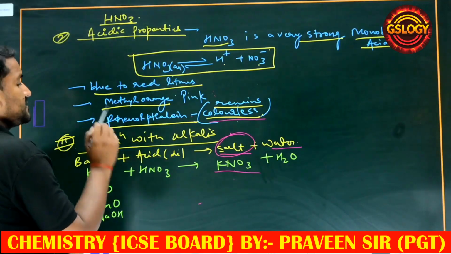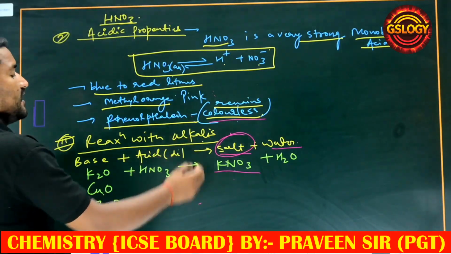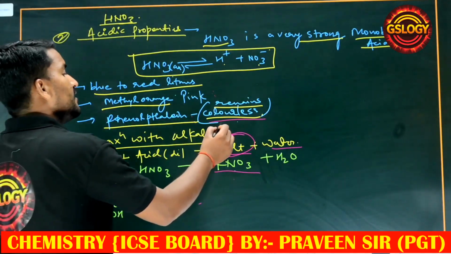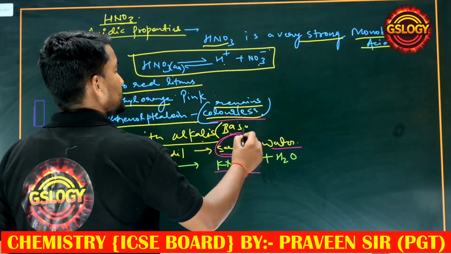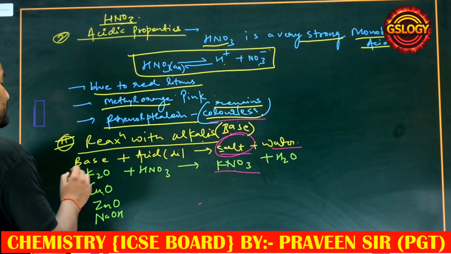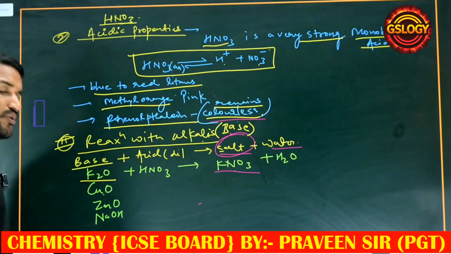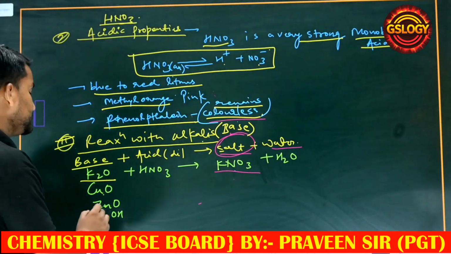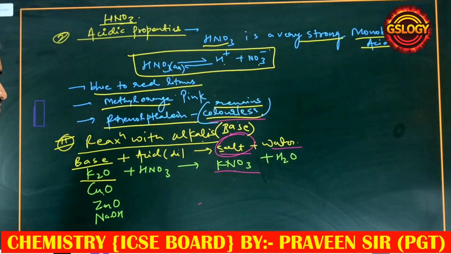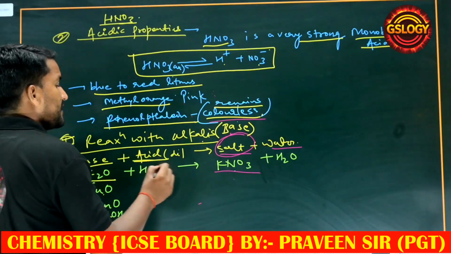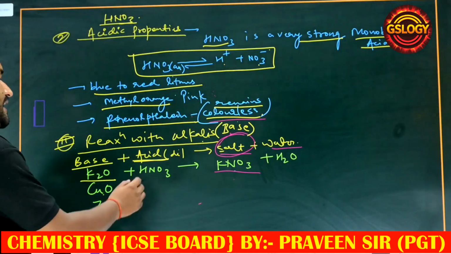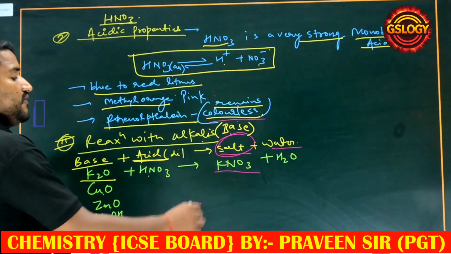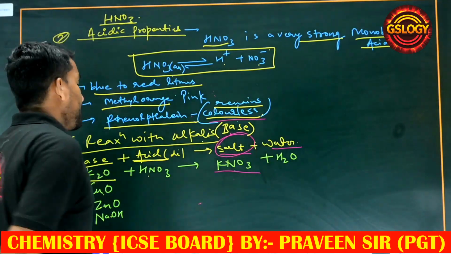Next, reaction with alkalis, meaning bases. When bases like K2O, copper oxide, zinc oxide, and sodium hydroxide react with dilute nitric acid, they form salt and water.